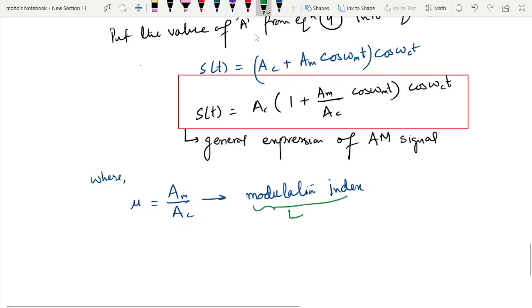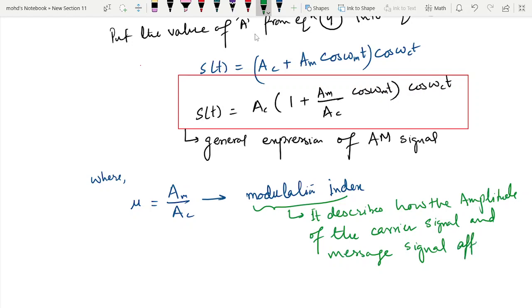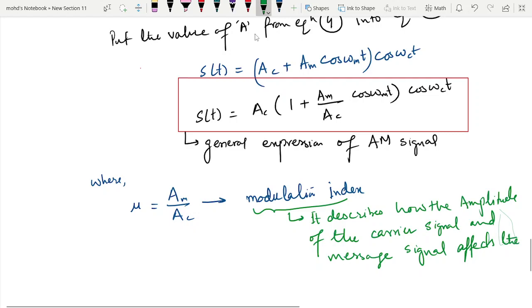The modulation index describes how the amplitude of the carrier signal and message signal affects the amplitude of the AM wave.